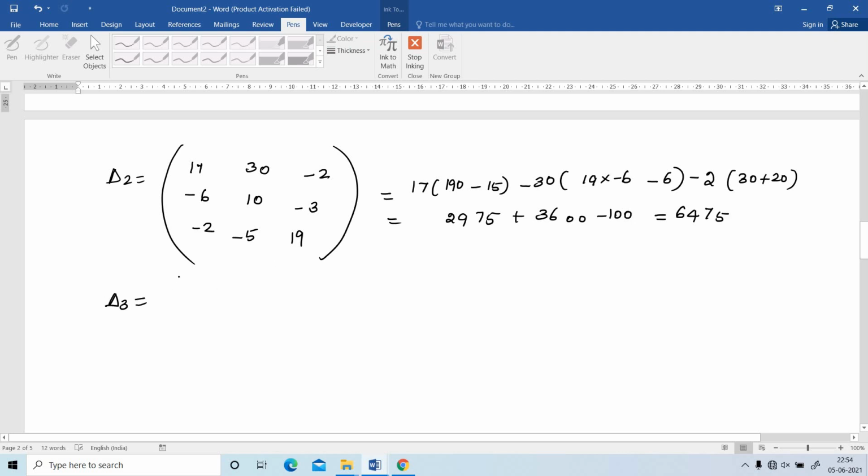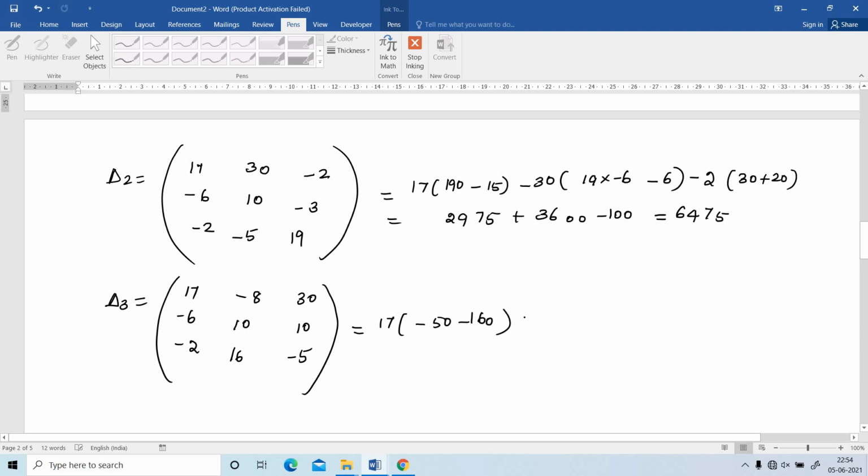Next find out delta 3. Delta 3 is the third column. I have to put the elements and the remaining 17, minus 6, minus 2, minus 8, 10 and 16. Now find out the determinant. 17 into minus 50 minus 160 into plus 8, 30 plus 20 plus 30 into 16 into minus 6 plus 20.